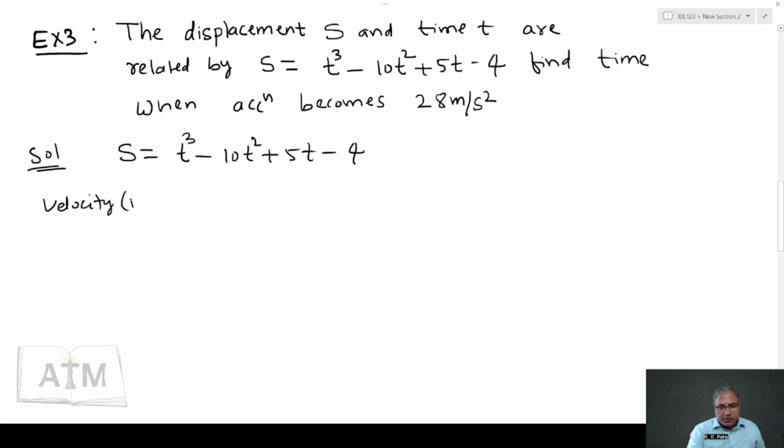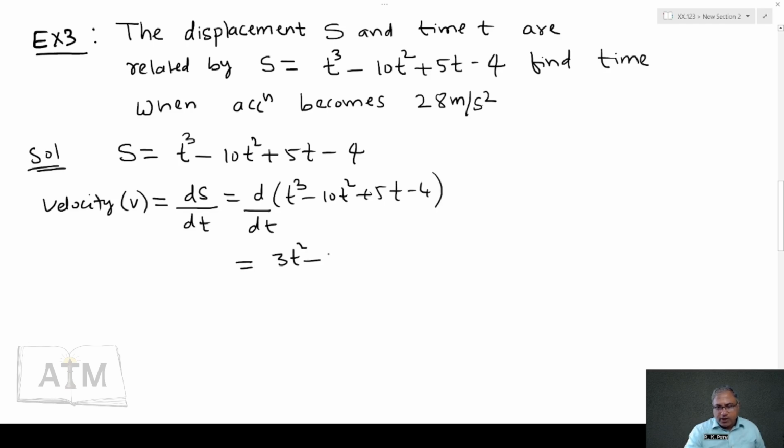So velocity v is the rate of change of displacement, that is ds by dt, which equals the differentiation of t cube minus 10t square plus 5t minus 4 with respect to t, which equals 3t square minus 20t plus 5.